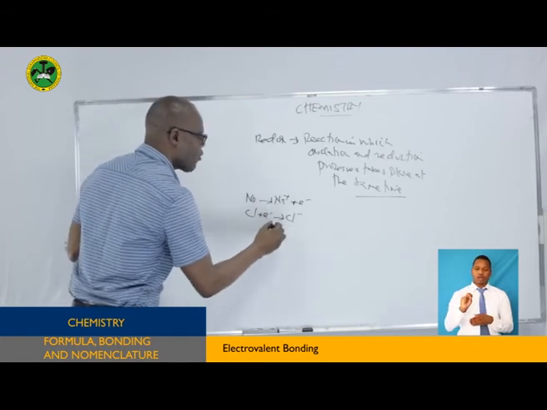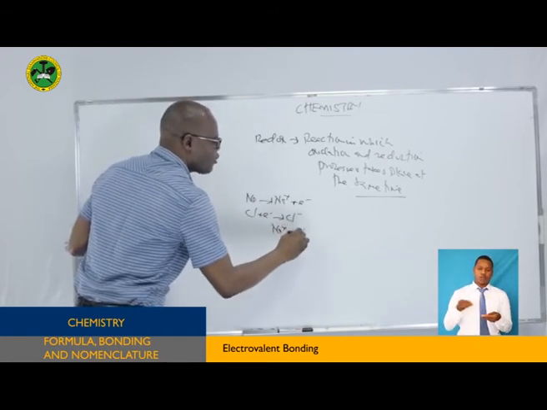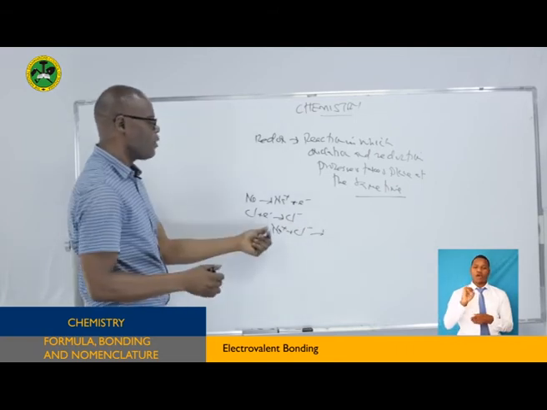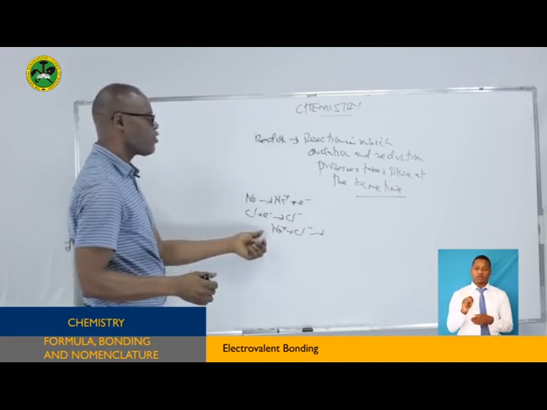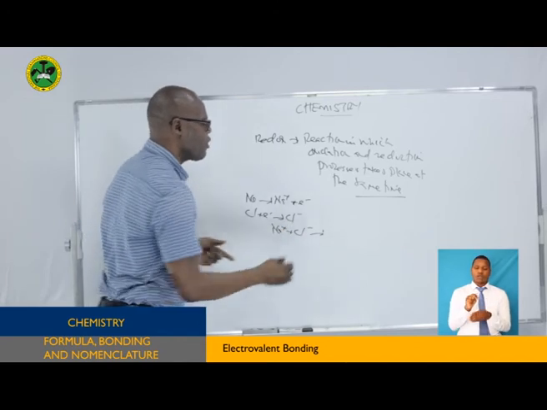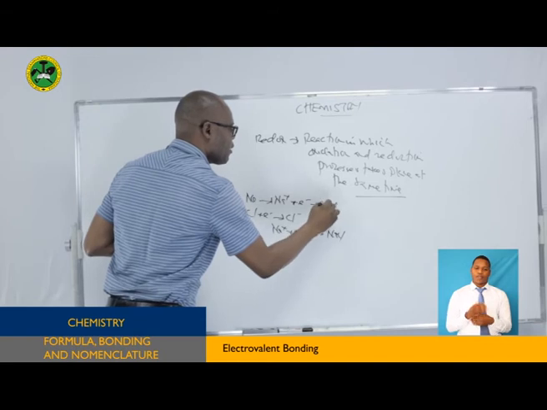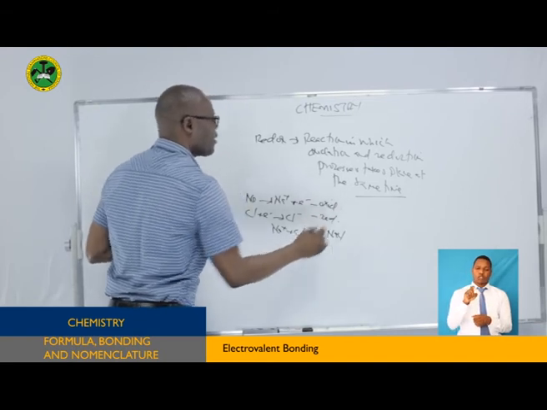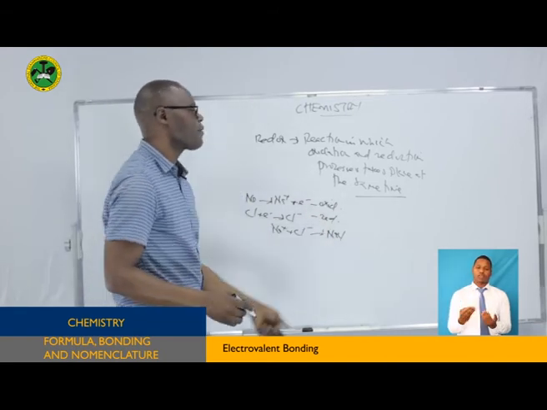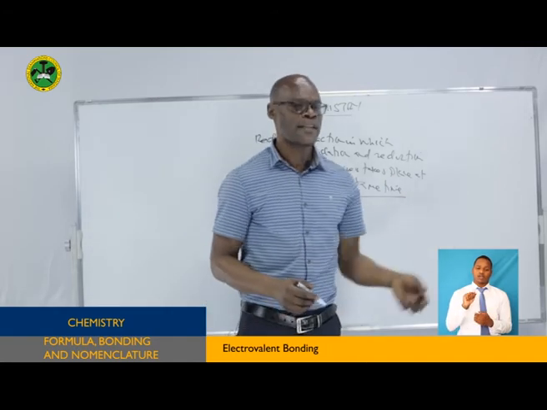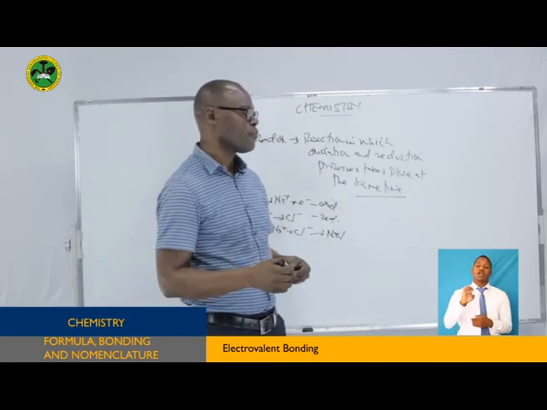And then we said now the sodium ion combines with the chloride ion, and there's mutual electrostatic attraction between sodium ion and chloride ion to give us sodium chloride. So because this is oxidation and this is reduction, then the process of formation of sodium chloride is a redox process, and that is our solution.